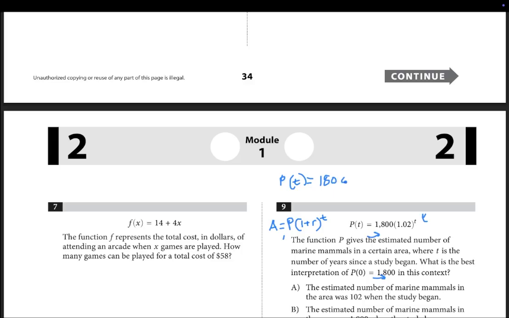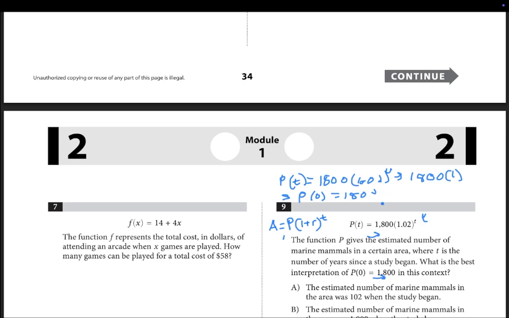When t is equal to 0, we're going to get 1.02 to the 0th power, which is going to equal 1. That's going to say 1,800 times 1. So we're just going to have p of 0 is equal to 1,800.